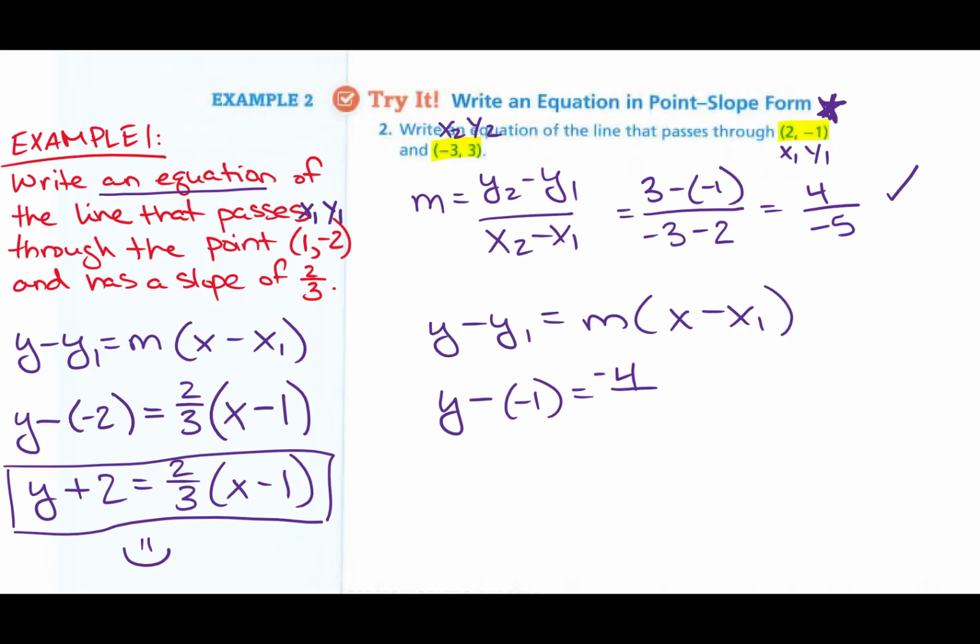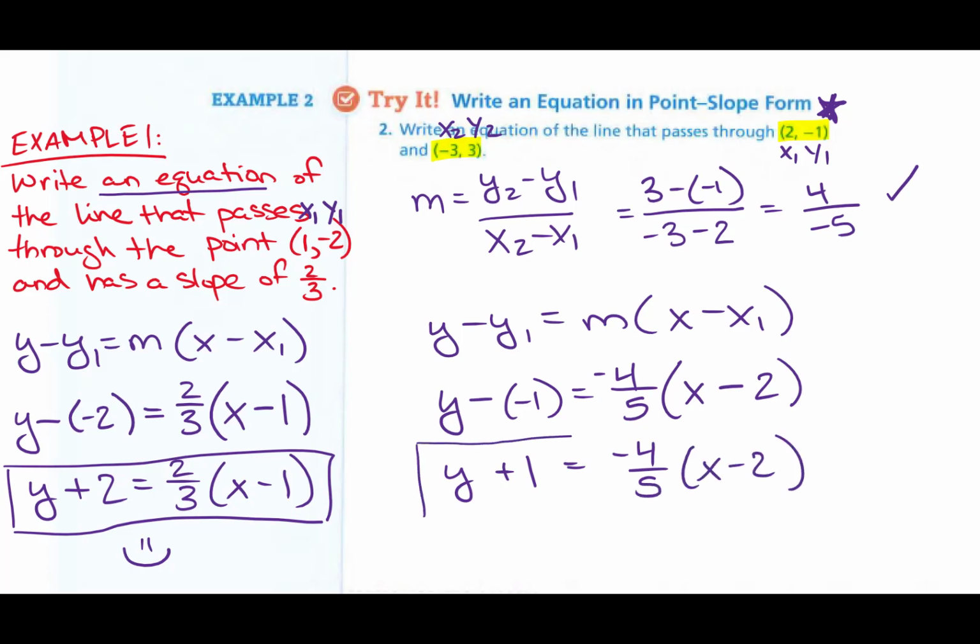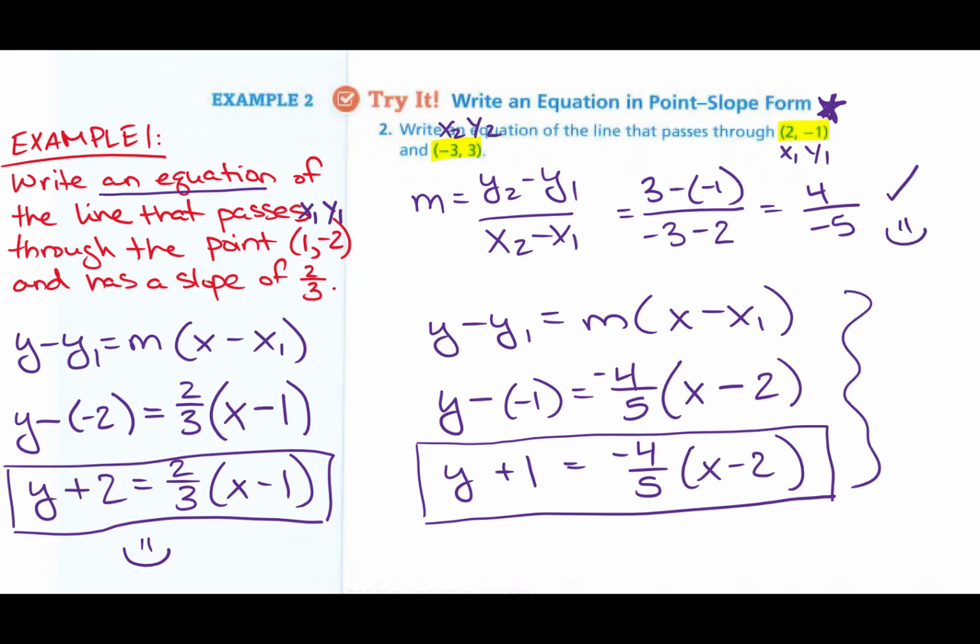I'm going to put the negative up top, -4/5 times x minus, and then x1 was 2. And then we'll just simplify this minus and negative. So we get y plus 1 is equal to -4/5 times x minus 2. So that's our final answer. Both of these equations are in point slope form. We had to find the slope in this example 2, but then at the end, you just plug in and simplify, and you're done.